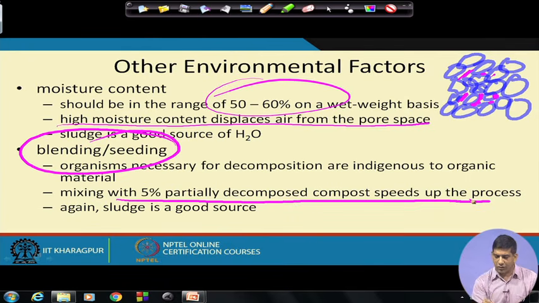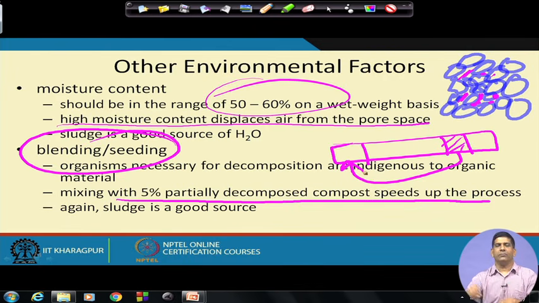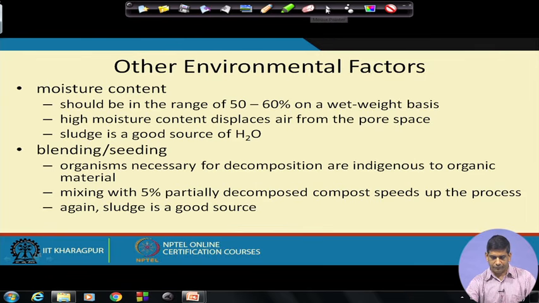If this is your composting process where the waste is coming in here, and you have some partially degraded compost over there, we take part of it and put it back in here, and that helps bring the bacterial population back. Again, sludge is a good source. Sludge is also used for getting a good bacterial population.